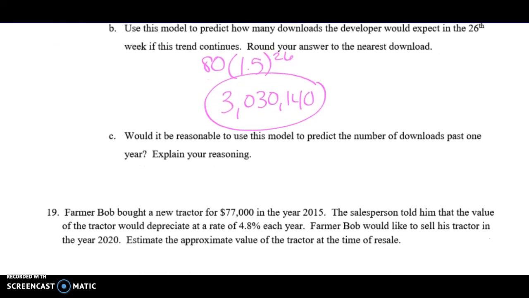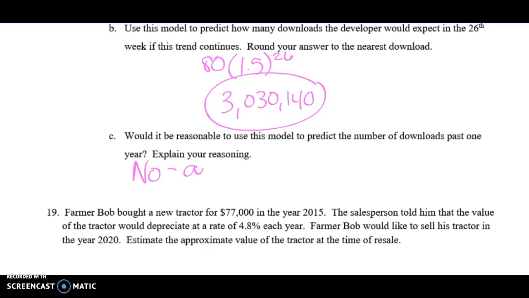So now we have a question. Would it be reasonable to use this model to predict the number of downloads past 1 year? If you stick with basic understanding of apps, apps go in and out of fashion pretty quickly. And also think about how great this number already is in half of a year. Imagine where it will be by a full year. There's not enough people for that either. So you can do something to that effect.